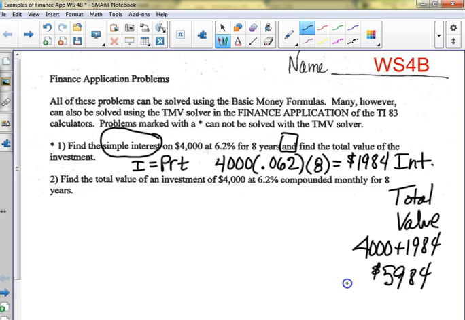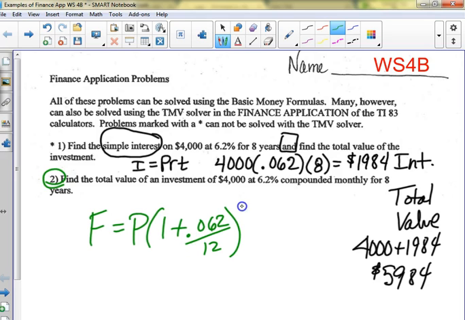We don't normally have to do that when we do questions about compound interest like this next one. Okay? We normally don't add the interest in because the compound interest formula is future value equals present value times 1 plus 0.062 over 12. The 1 plus means 100% of your money plus interest.